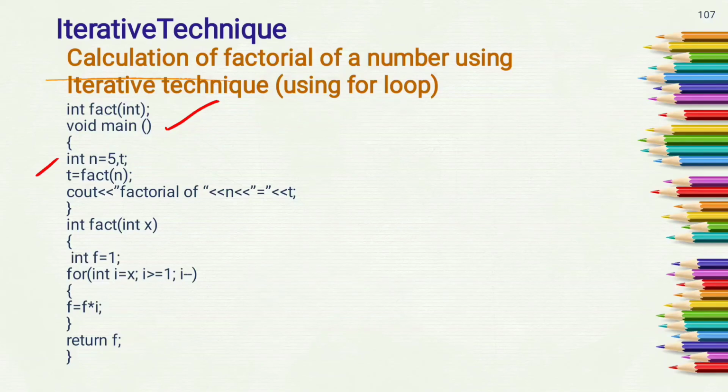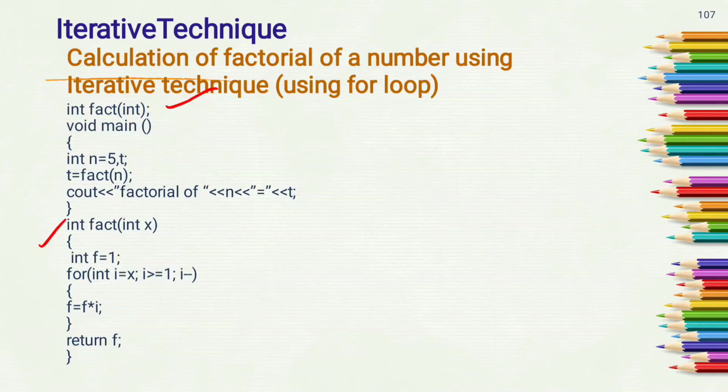So I declared int n equals 5, and one variable is required to store the result of factorial which is returned by the factorial function. So I write t equals fact n, because fact n will return a single integer value which will be stored in the t variable. This cout statement, factorial of n equals t, will print the output of the factorial of 5. This is the function prototype or function declaration of the factorial function.